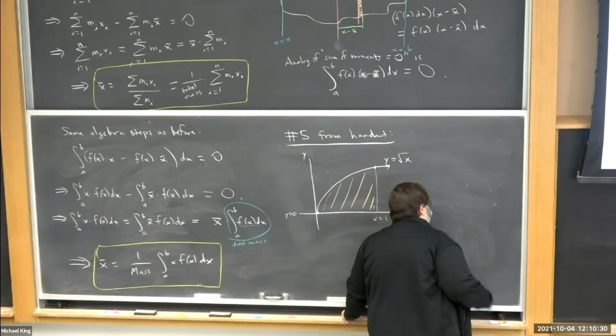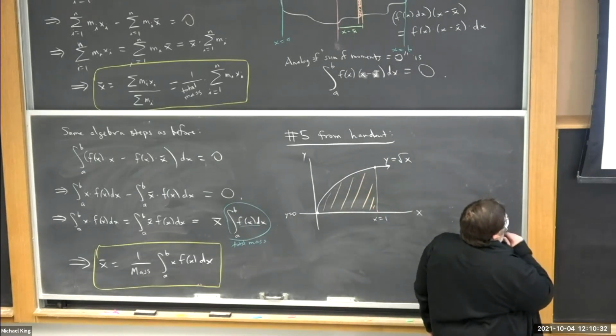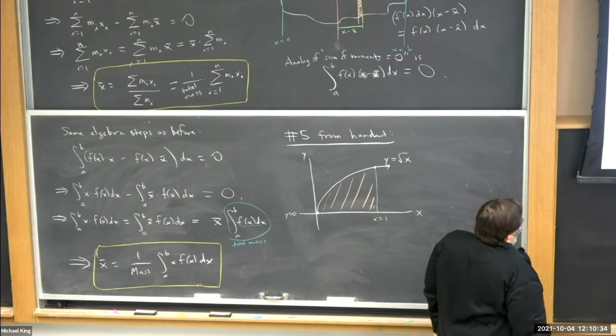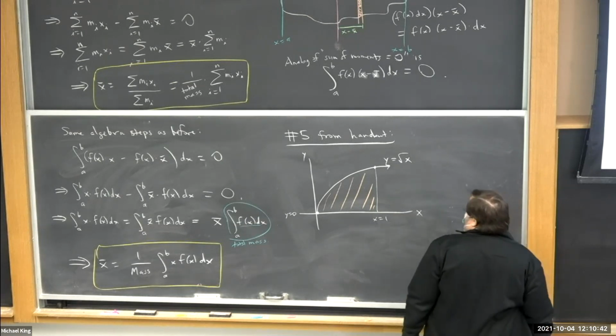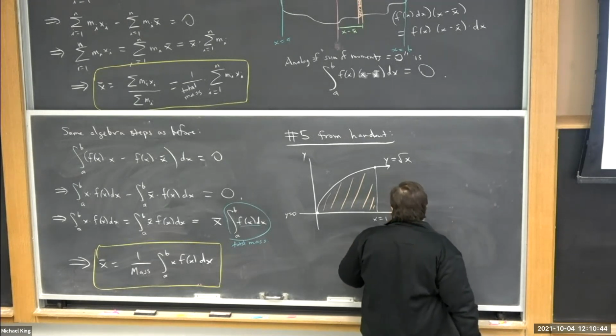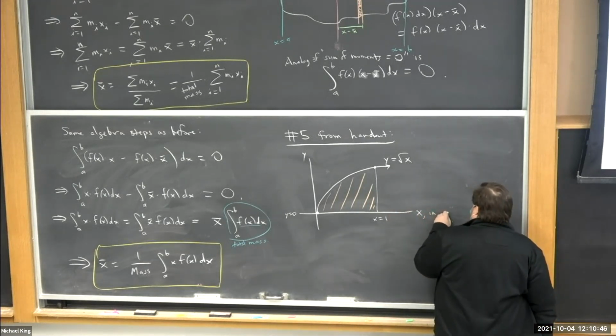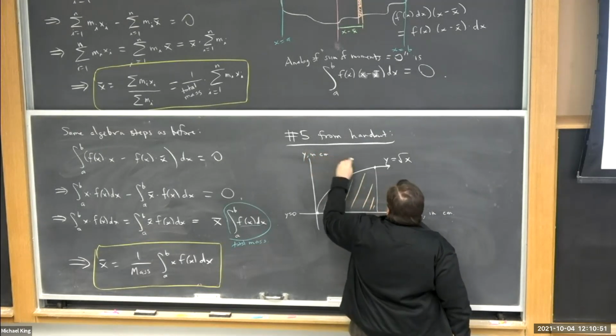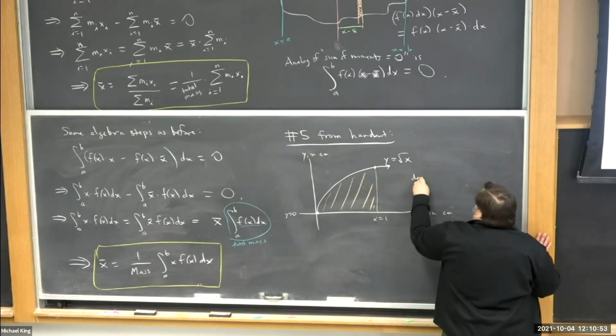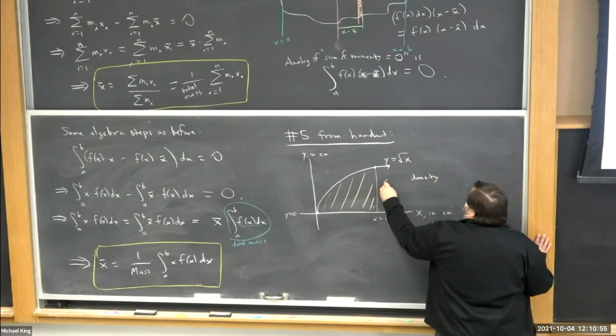Thin metal plate, so we're really thinking about a two-dimensional object. Constant density delta. Wait, no, sorry, I was reading number 6. Constant density 5 grams per centimeter squared. These lengths are in centimeters. The density is constant.